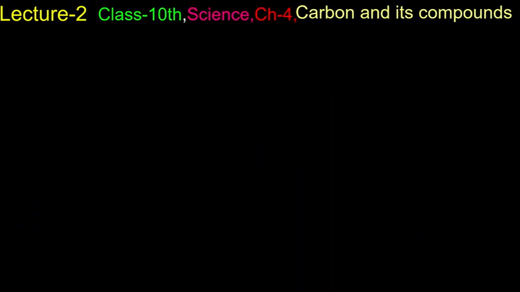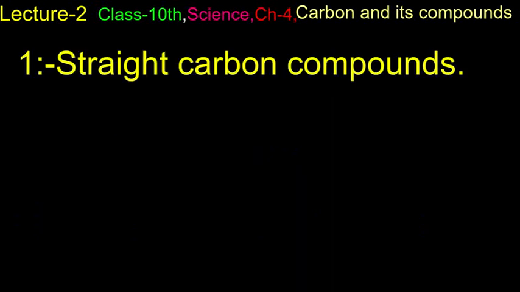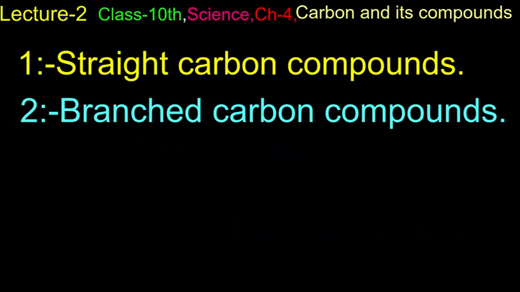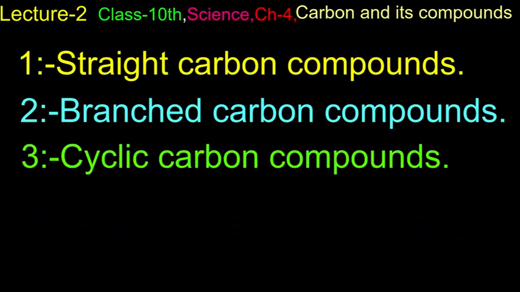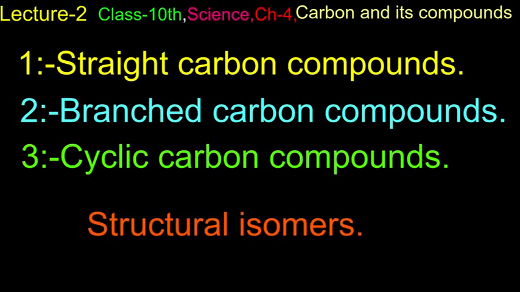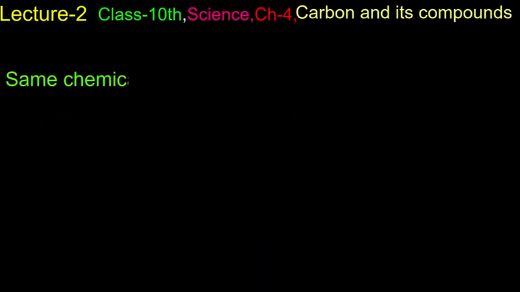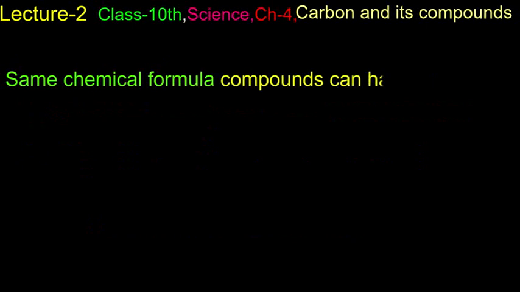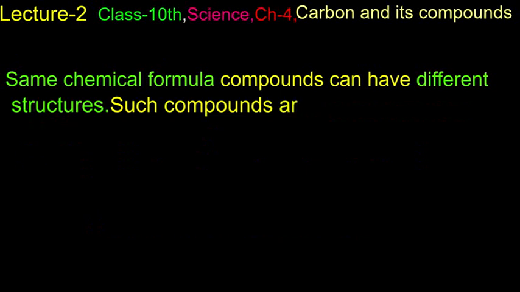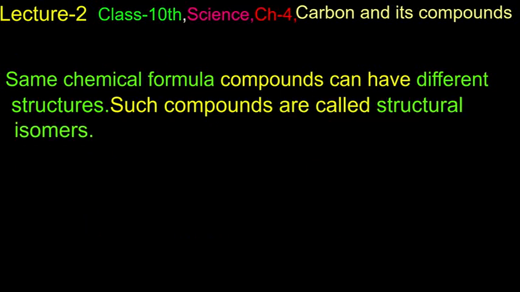At number 3, we studied straight, branched and cyclic carbon compounds, and we studied structural isomers. Same chemical formula compounds can have different structures. Such compounds are called structural isomers.